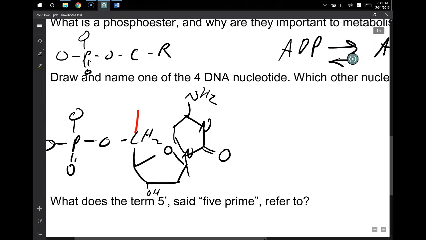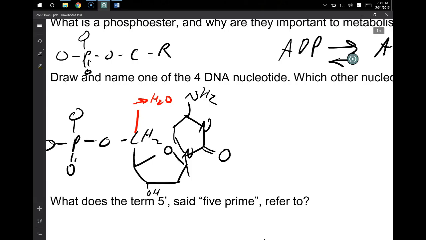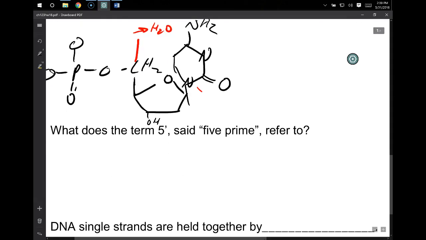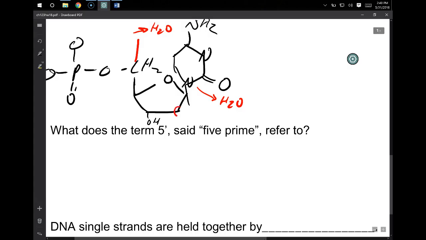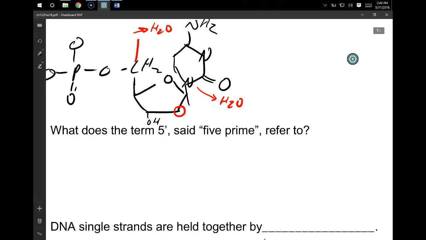The OH on this was used to make a water molecule, so the phosphate and the ribose could connect to each other. In the same situation over here, there used to be a water molecule between those, an OH on the ribose and an H on the nitrogen. So a water molecule disappeared. Then this one right here is missing because it's DNA. There isn't supposed to be an OH there.